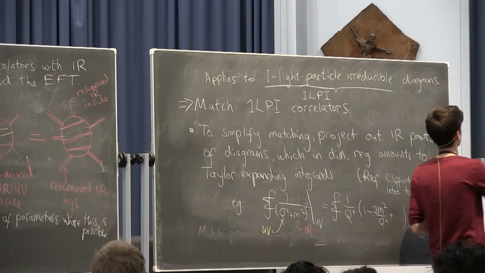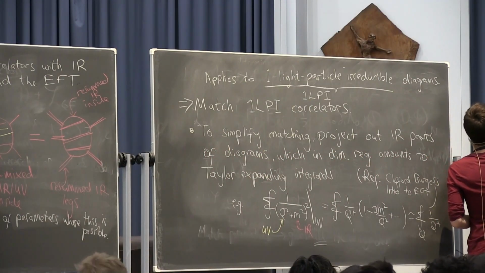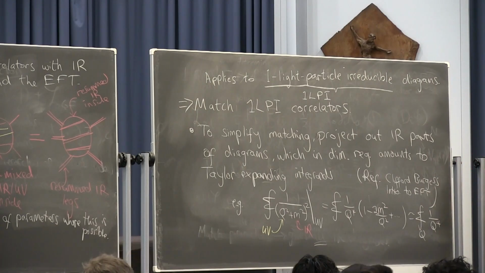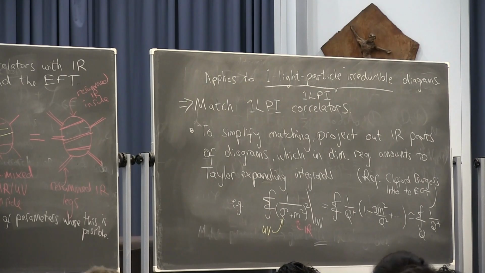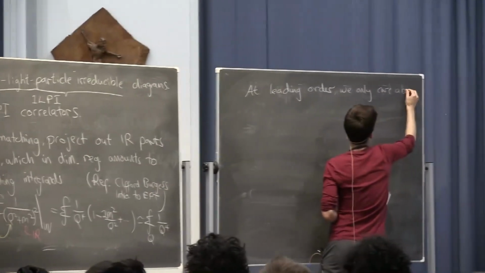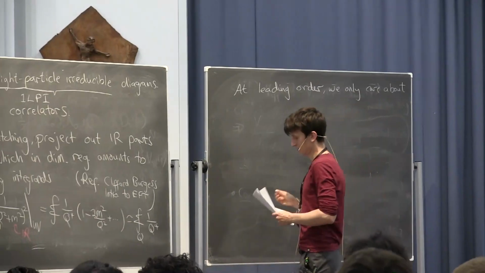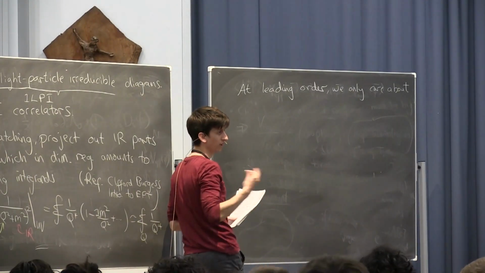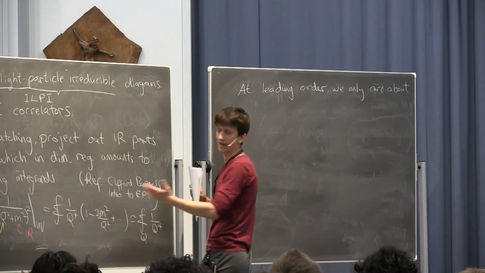Now in our matching, we're going to do everything at leading order, in which case we only care about loop integrals which give us positive powers of pi t.